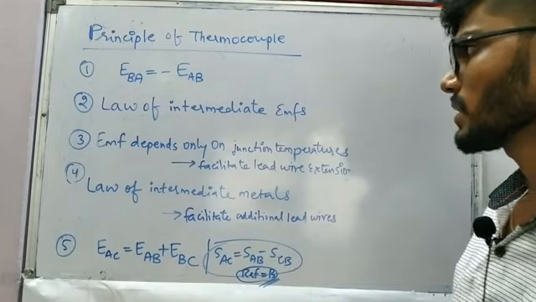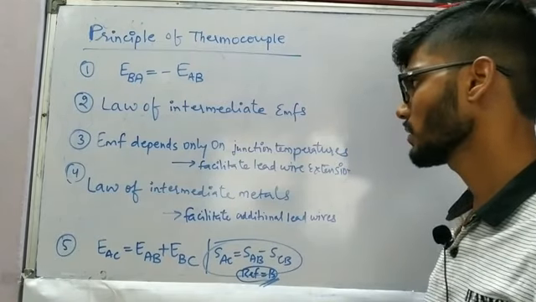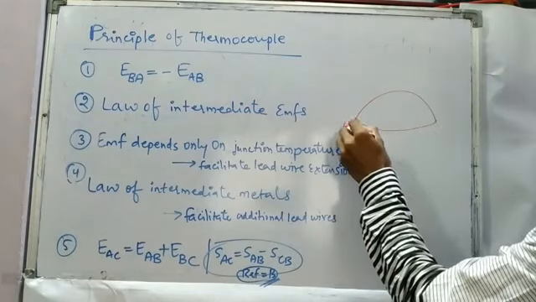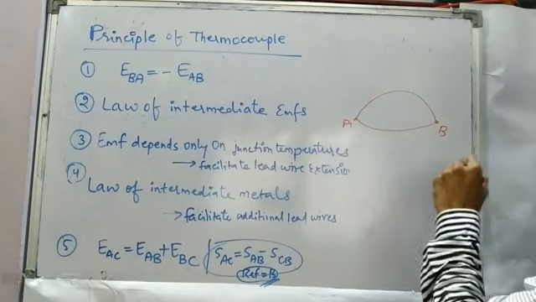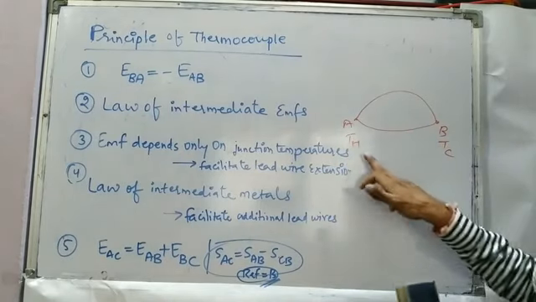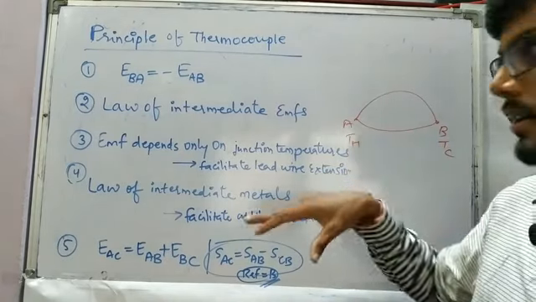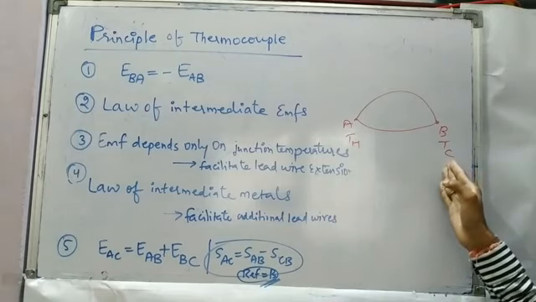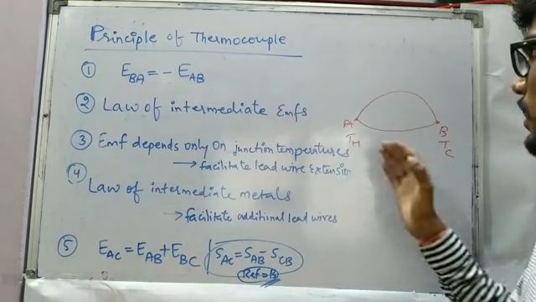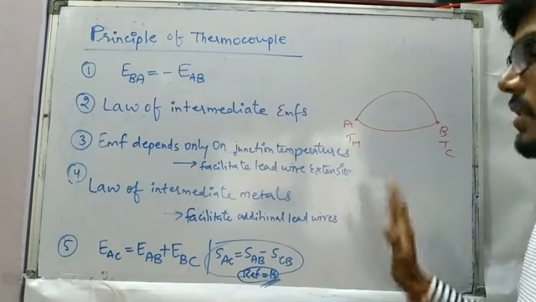And the third one says EMF depends only on junction temperatures. So how is it going to give us a facility? Say this is at TH and this is at TC, and this particular hot temperature is in the furnace and this is in our control room, and in between there are going to be a number of temperatures, because we cannot maintain the temperature in between the same.